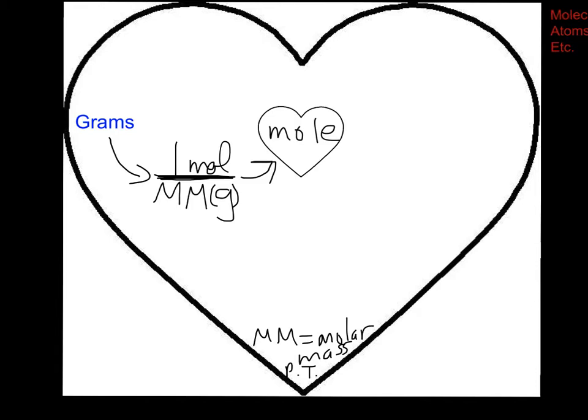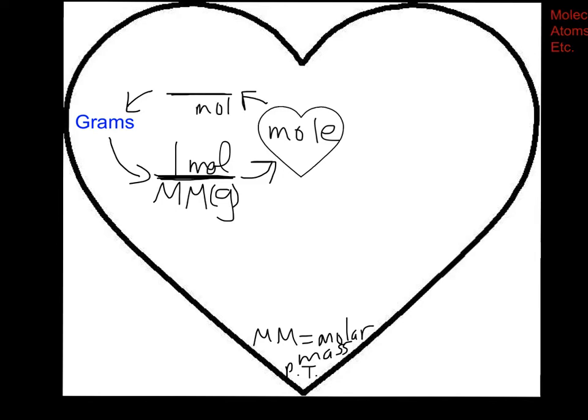If, on the other hand, we're given moles to begin with, then in order to go away from our unit of moles and go to our unit of grams, we'll need a similar conversion factor with units in a slightly different place. If we're beginning with moles, that means that we want to cancel it out. So we should have the unit of mole on the bottom.